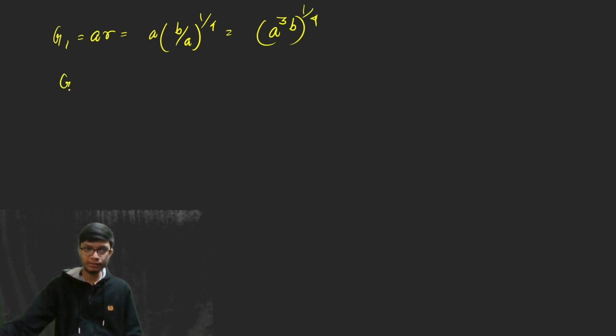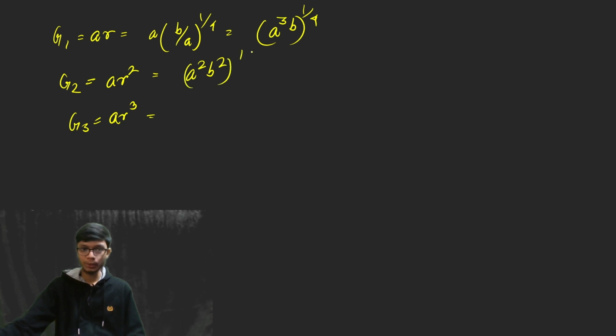Similarly, G2 is equal to A R squared, and G3 is equal to A R cubed, by simply using the properties of geometric progression. So from here, if you solve and compute, the second result will be equal to (A squared B squared) whole raised to the power 1 by 4, and the third result is equal to (A B cubed) whole raised to the power 1 by 4. So those are the results you obtain as G1, G2 and G3.